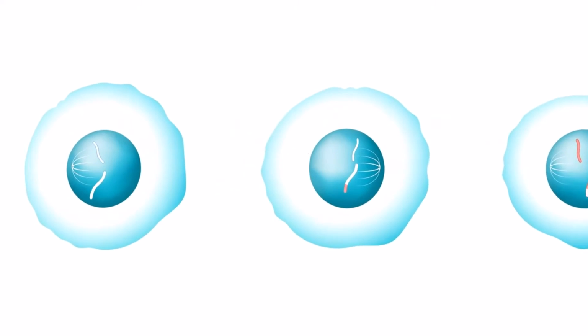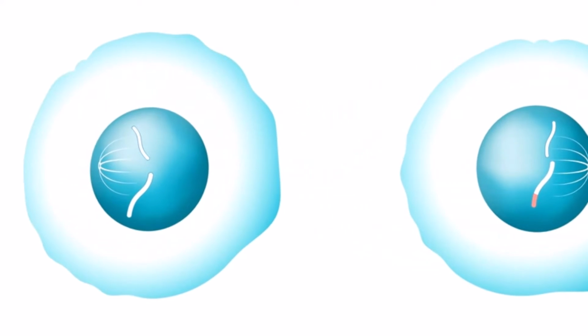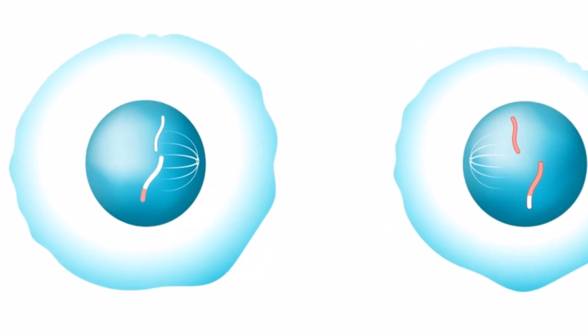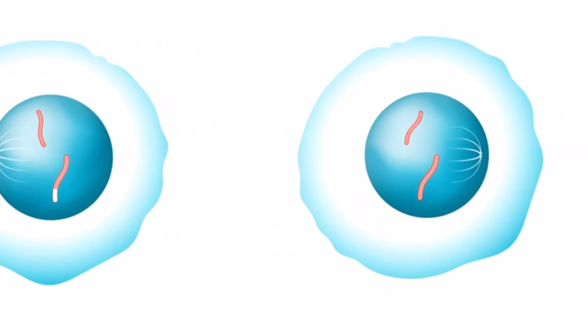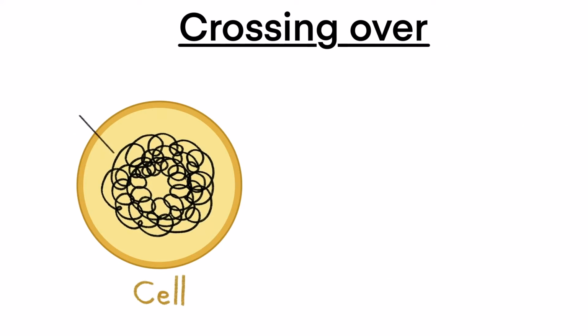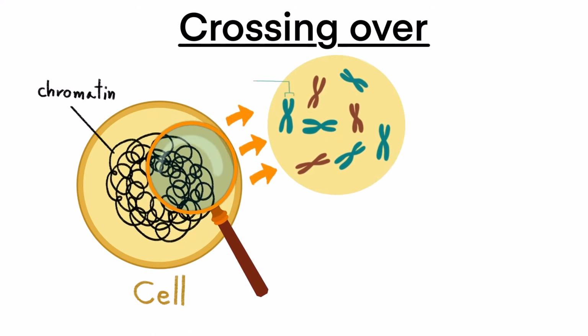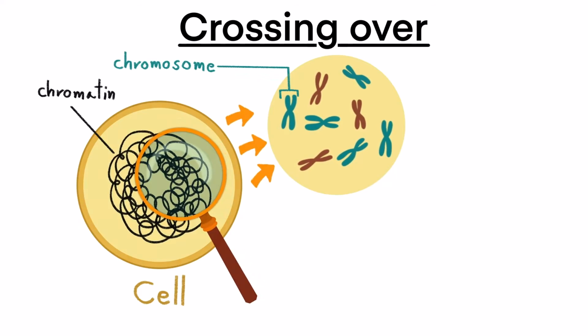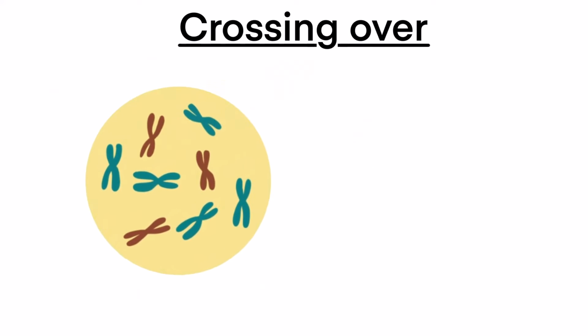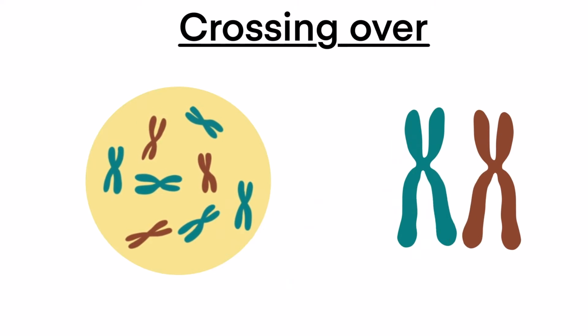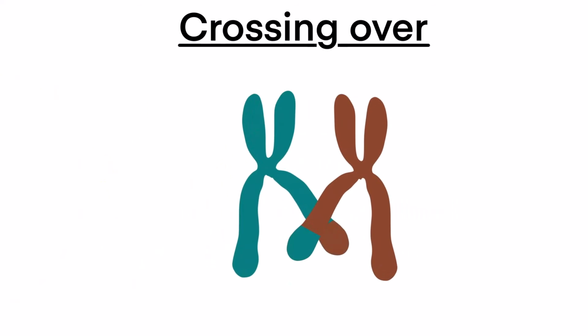Each of the 4 daughter cells is haploid and contains only a single chromosome from the pair of homologous chromosomes. The second difference between meiosis and mitosis is the exchange of genetic material between homologous chromosomes. This exchange, called crossing over, occurs during the first prophase of meiosis 1.